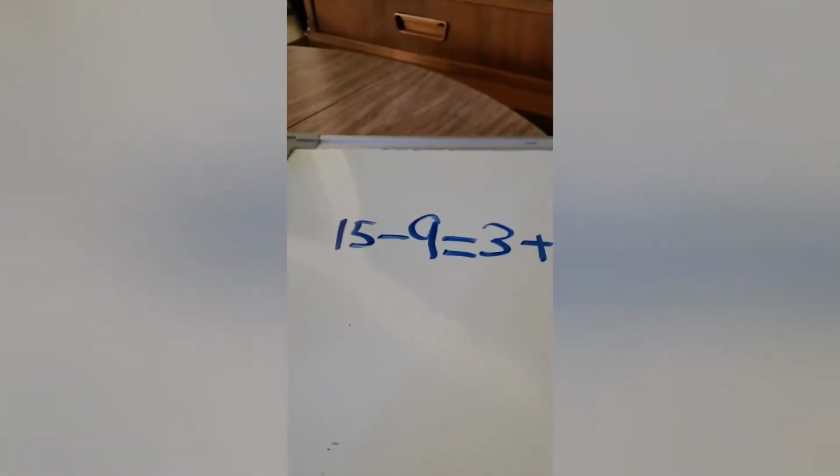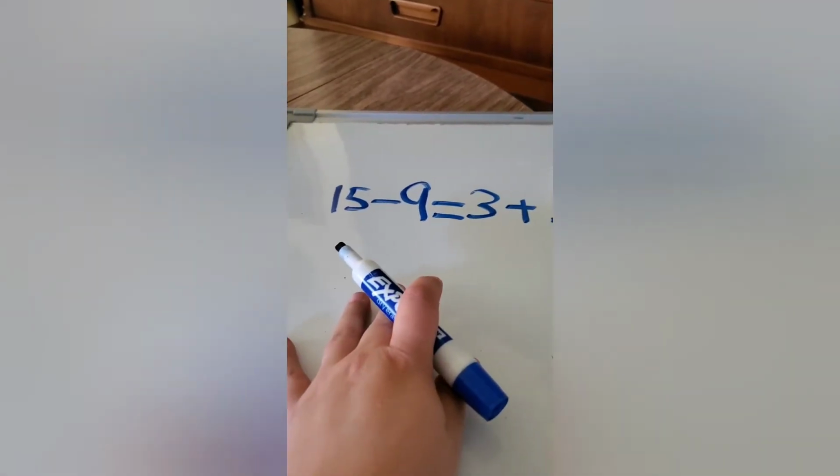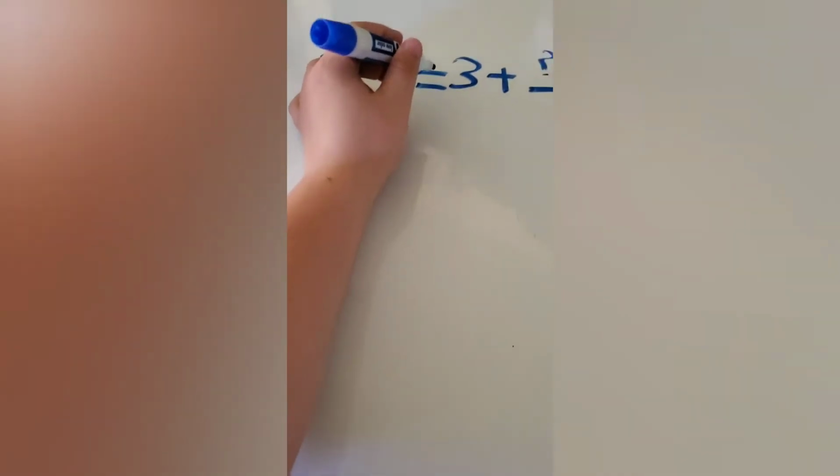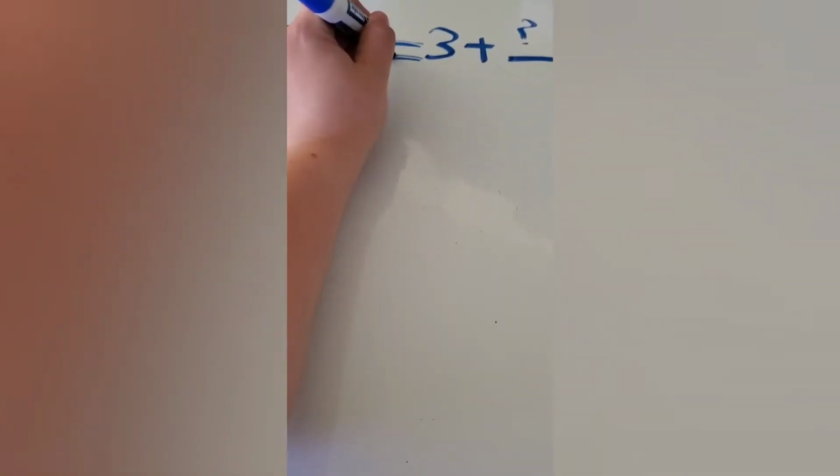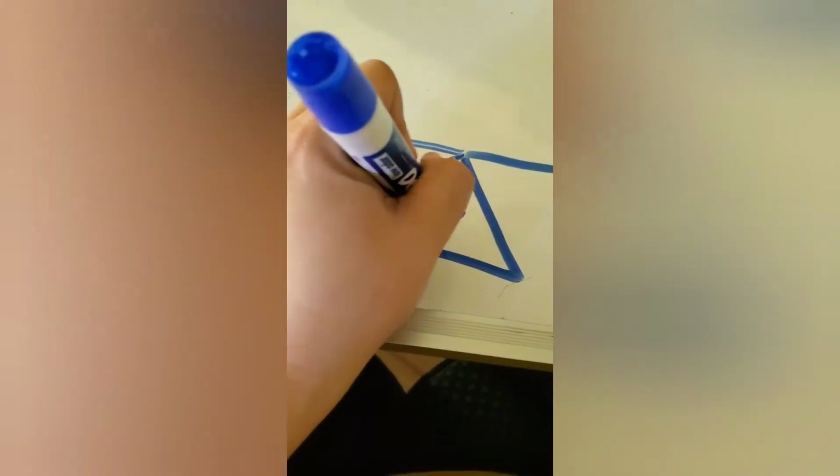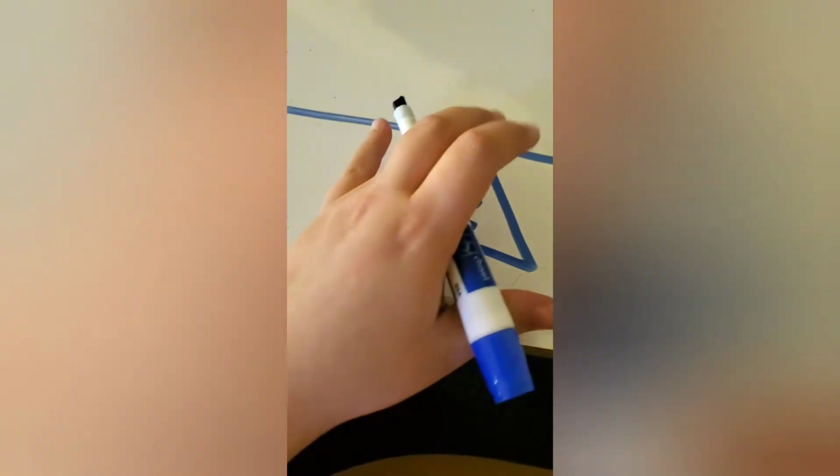Okay, so this is what we're going to do. I want you guys to imagine that this is a balance beam, okay? Kind of like this one. This equals part is the same thing as down here. See? Each side has to equal the same number to balance them out, okay?